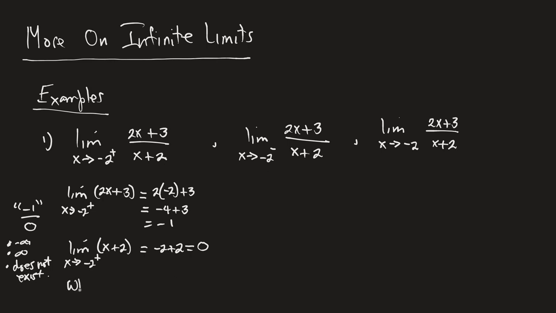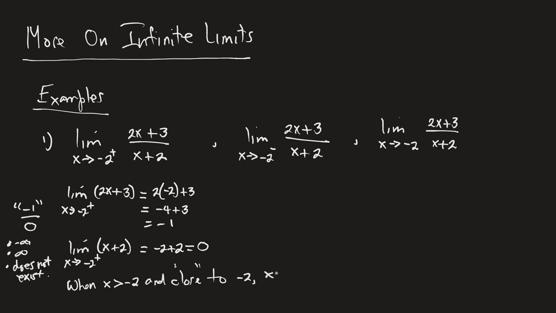So when x is bigger than -2 and close to -2, look at what happens if I simply add 2 to both sides.